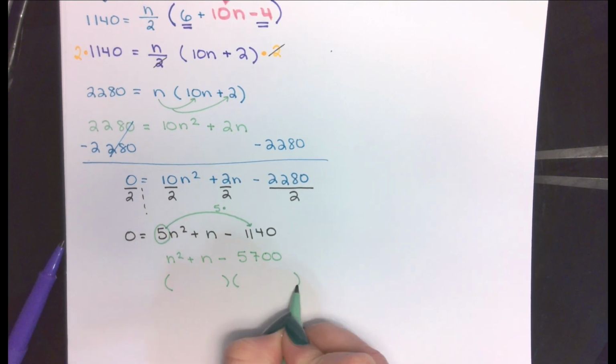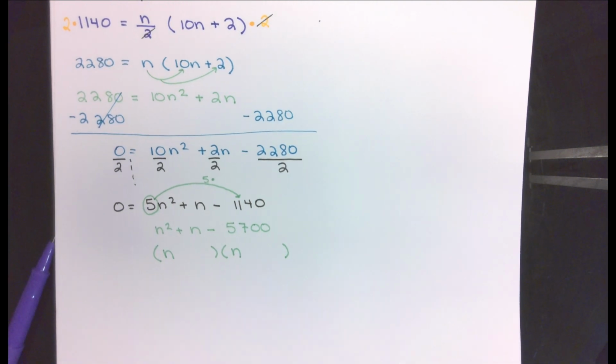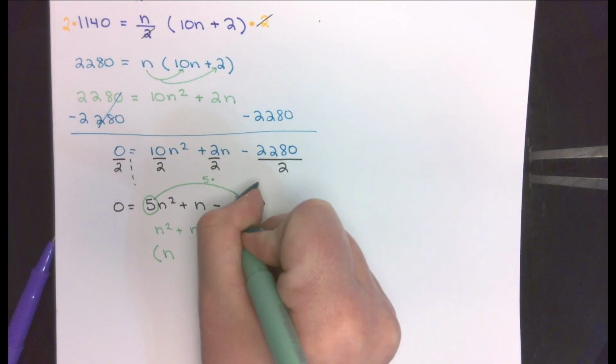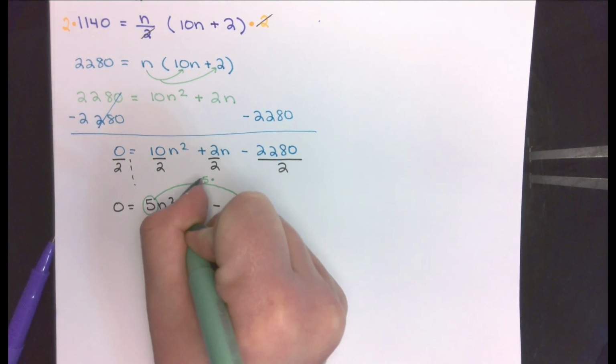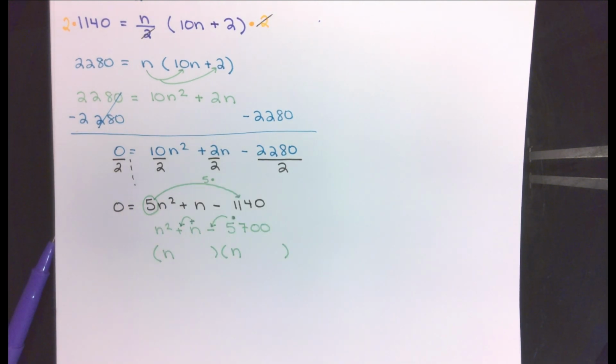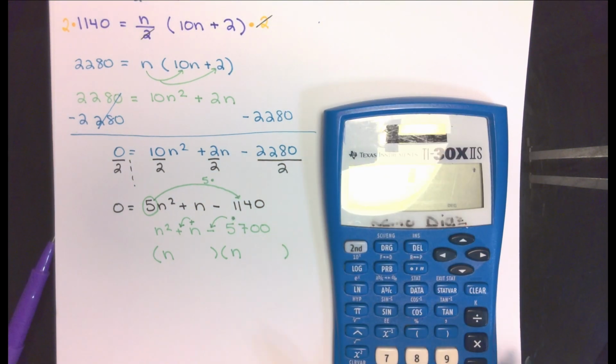Yes, these are bigger numbers. That is normal. And now we guess and check two numbers that multiply to a negative 5,700, but add up to a positive. So let me see here, again, guessing and checking. So I'm typing in 5700 into my calculator. And I'm going to be guessing random numbers.